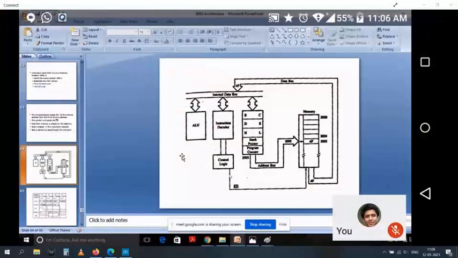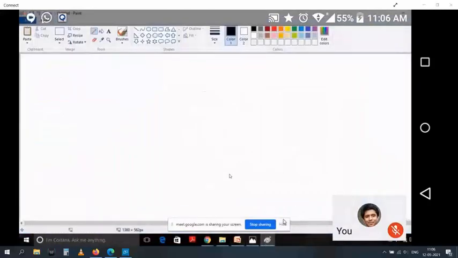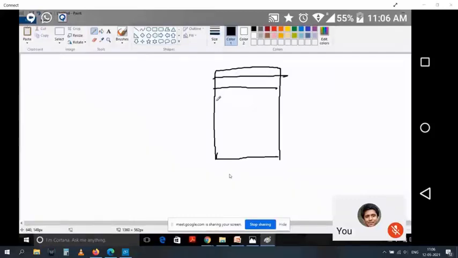Because we had said in the earlier classes, if there is a stack of memory, we had drawn it like a book shelf, and each shelf is a memory location.